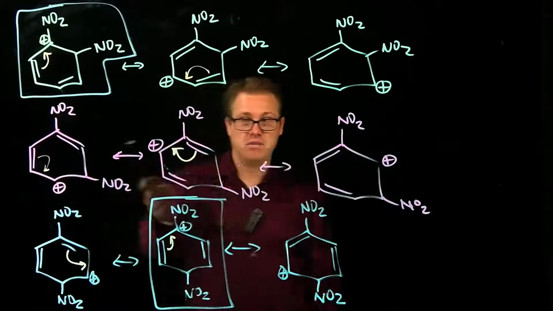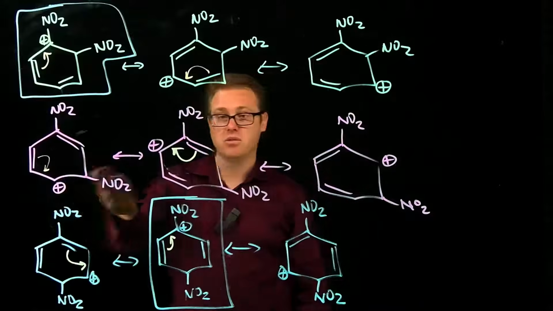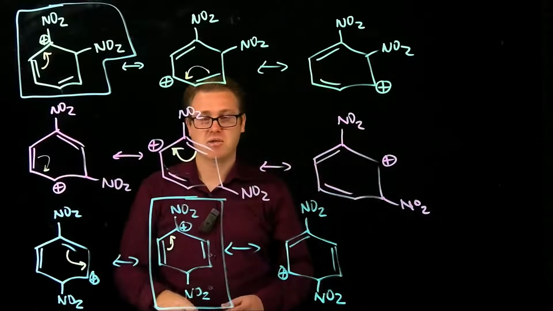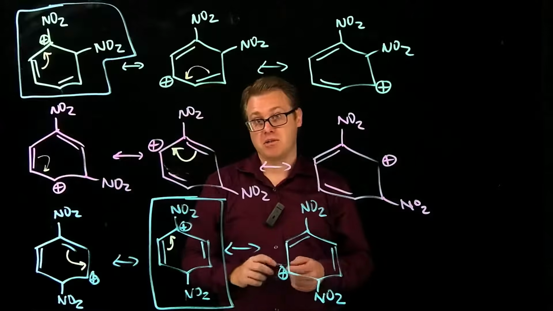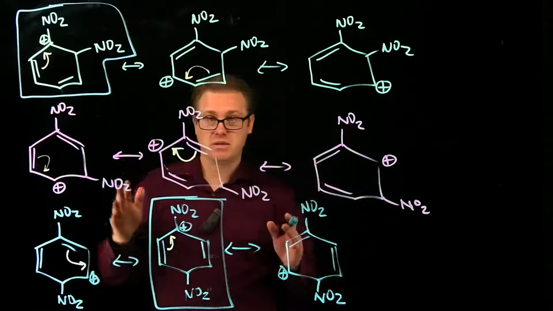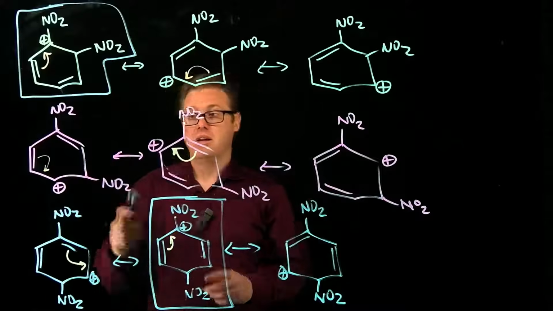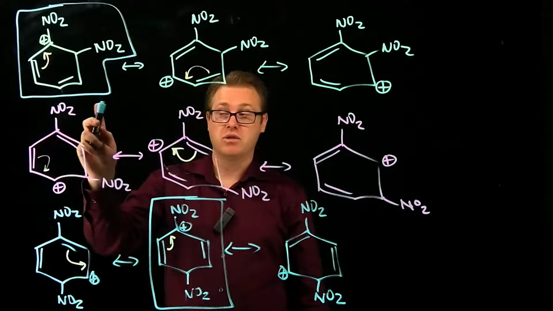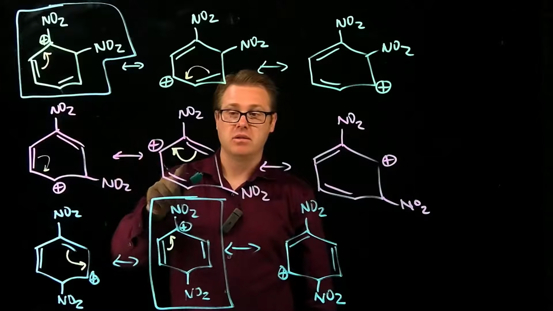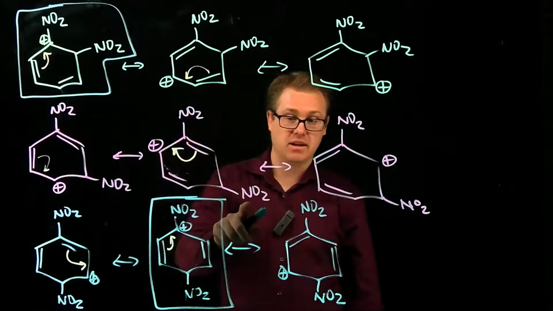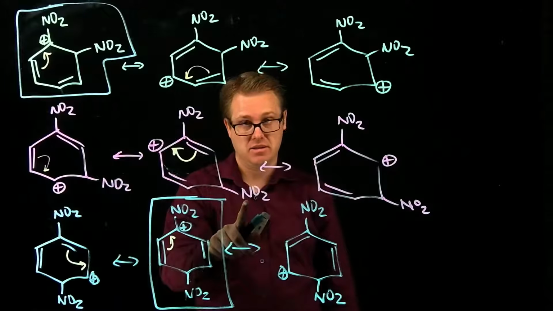Whereas when you look at the meta position, you will not find a single one where that positive charge is directly attached to the carbon that is attached to the electron withdrawing group. So this is why electron withdrawing groups or deactivating groups direct the substituent to the meta position.